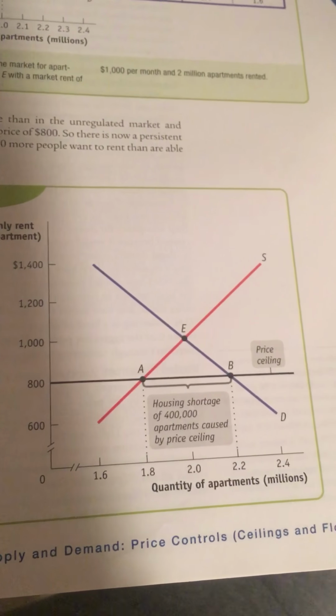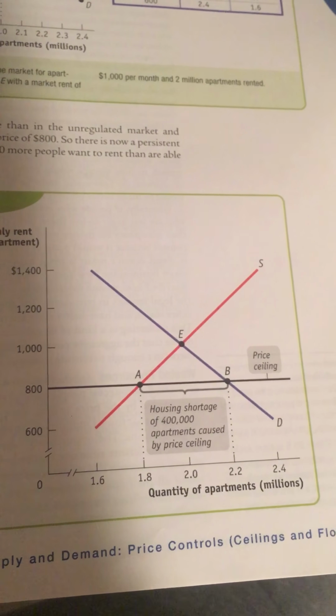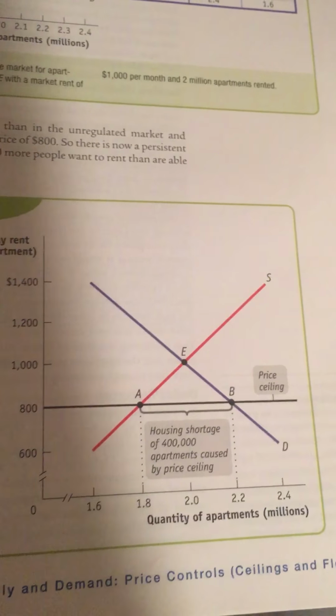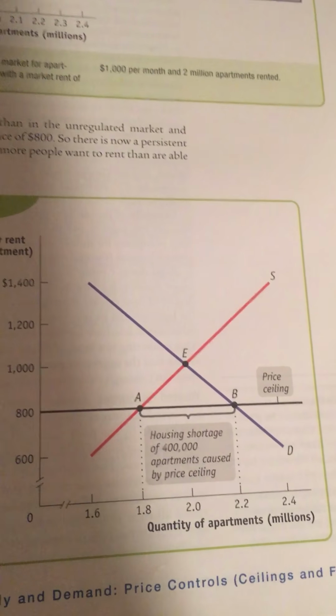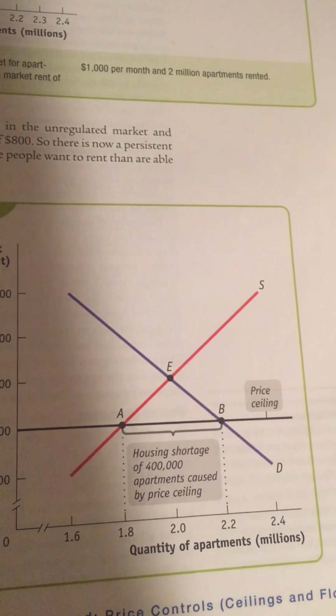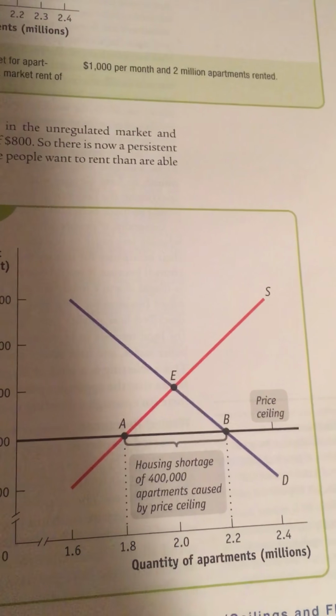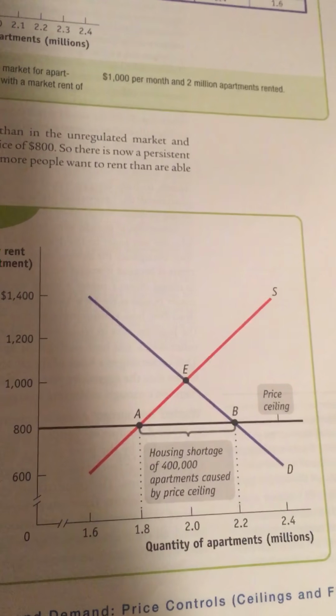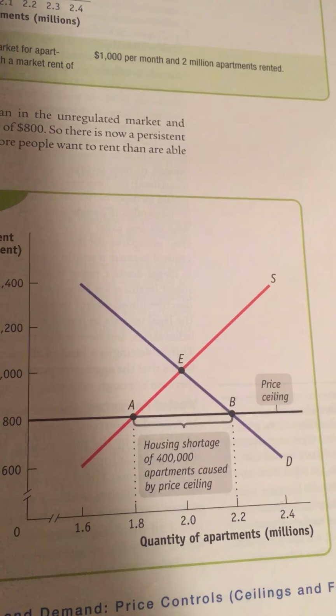Now I'm going to be describing the relationship between equilibrium price and an effective price ceiling. This graph shows that the government imposes a price ceiling limiting the rents to a price below the equilibrium price. Say it's no more than $800.